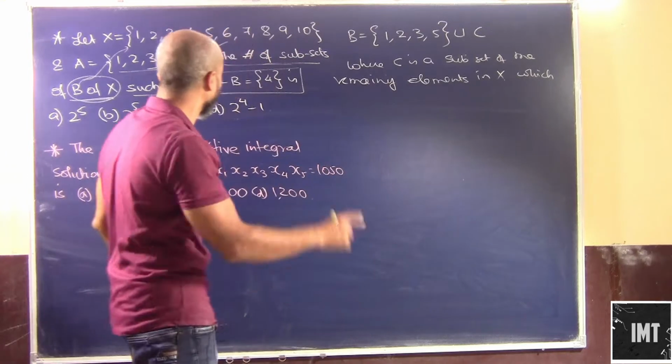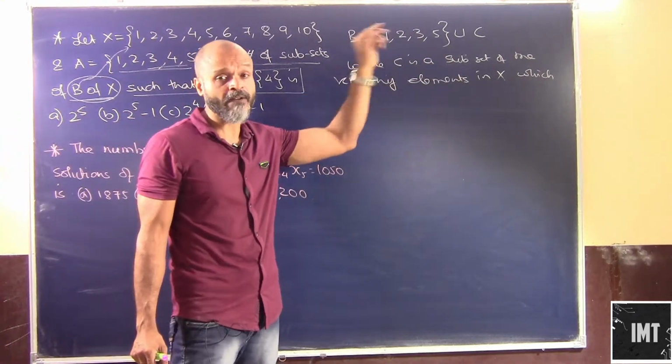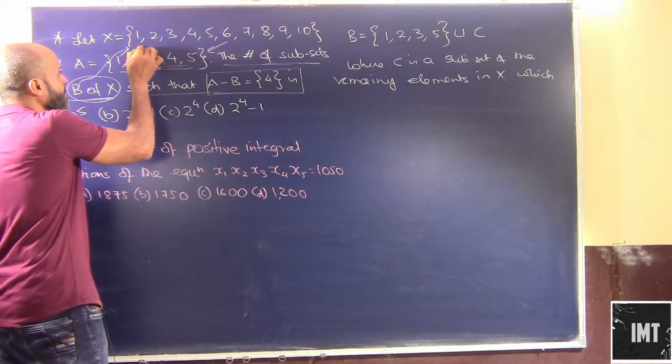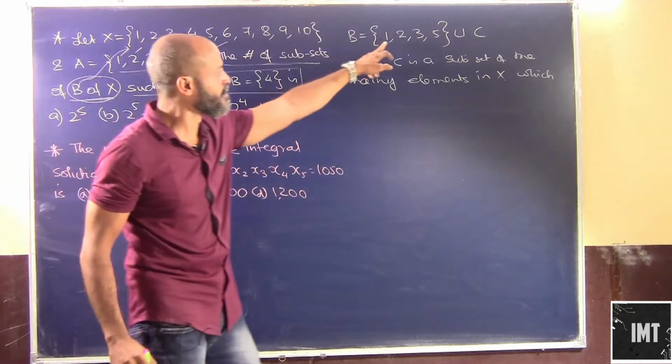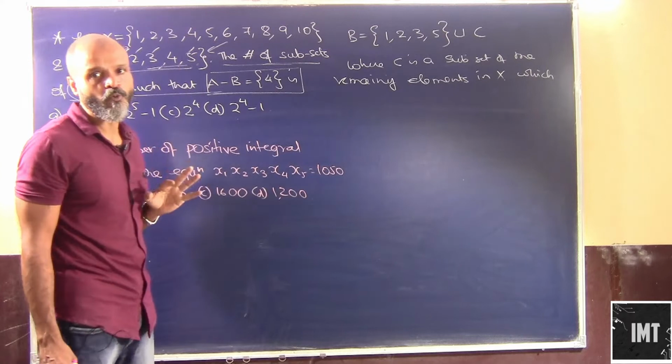We cannot select 4 because A minus B is equal to {4}. So apart from 4, we have selected all the elements of A. So these elements have to be there in B for this to be true.